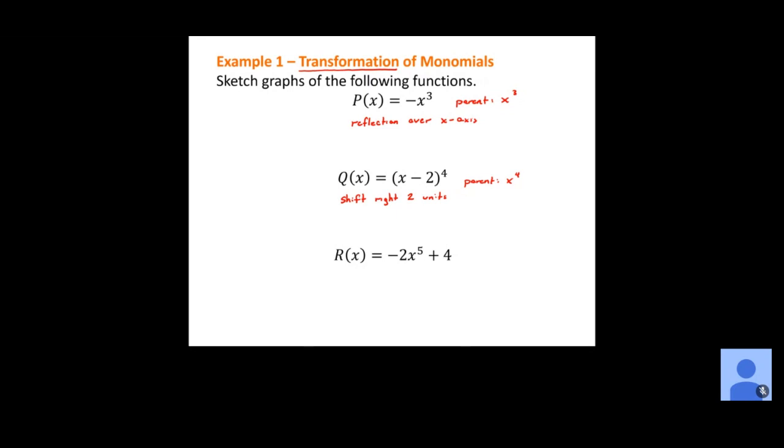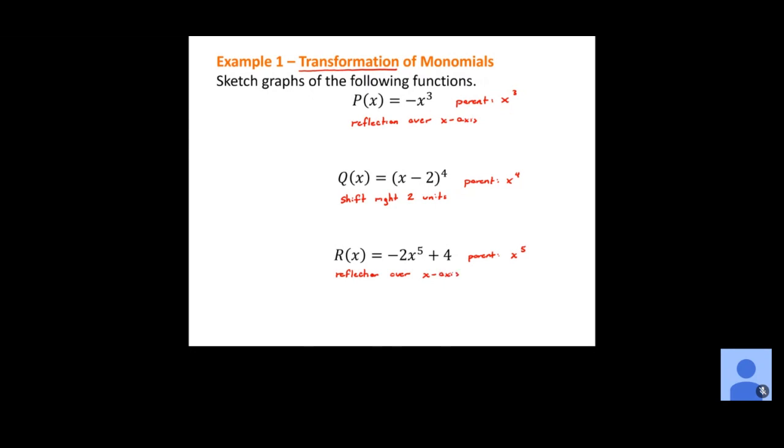Right. And then the last one here, our parent function, is actually going to be x to the 5th power. And so now when we look at our transformations, we actually have 3 different things that are going on this time. Okay, so I'm going to start here with the negative. Because I have a negative out front, that's going to give me a reflection over the x-axis.